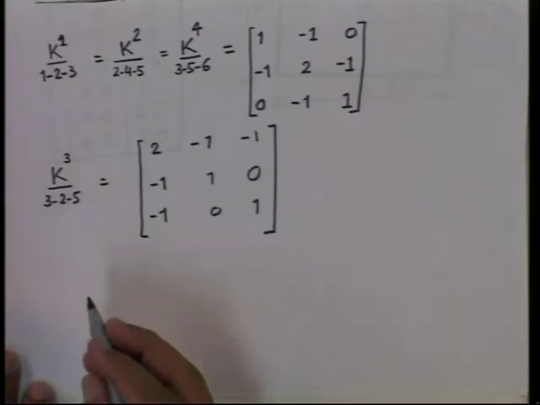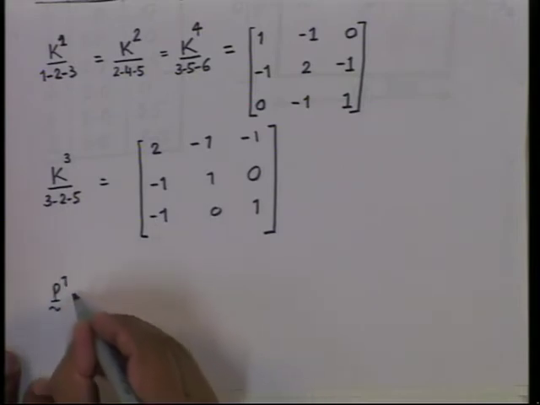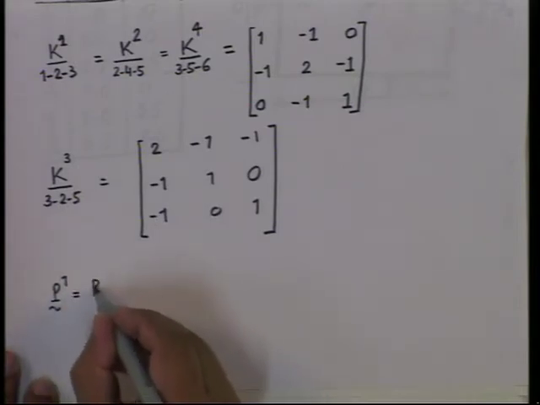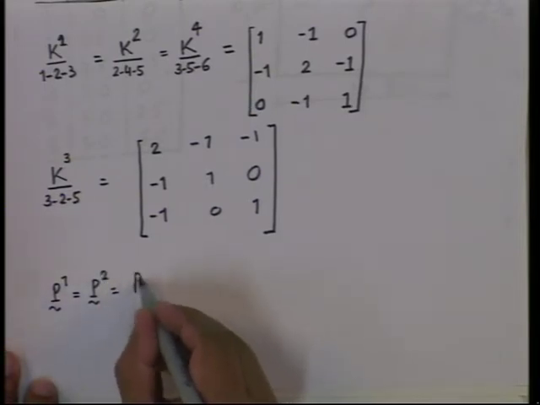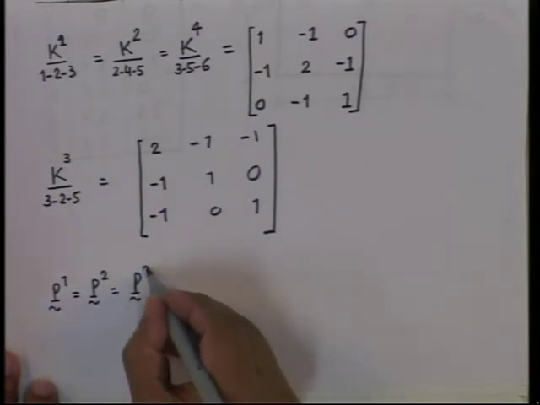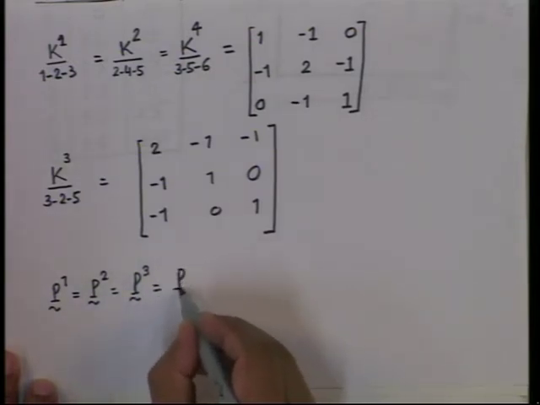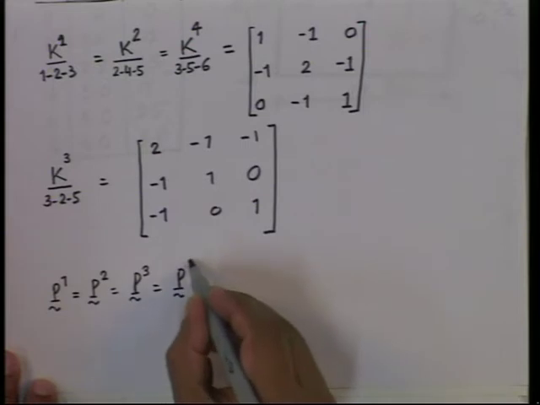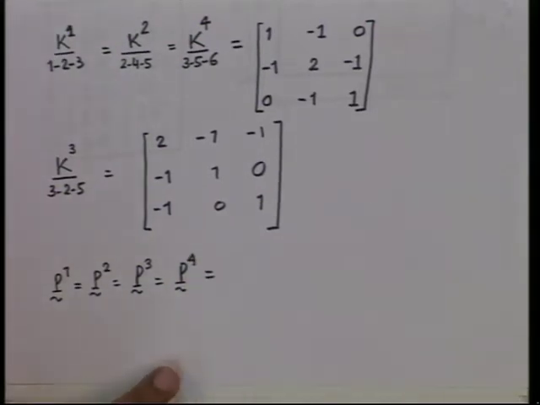So, it is p for 1, p for 2, p for 3 and p for 4. This problem anyway is only for illustration. So, it comes out to be the same.